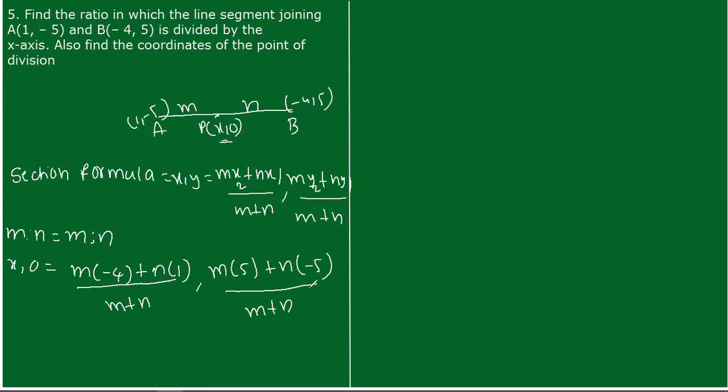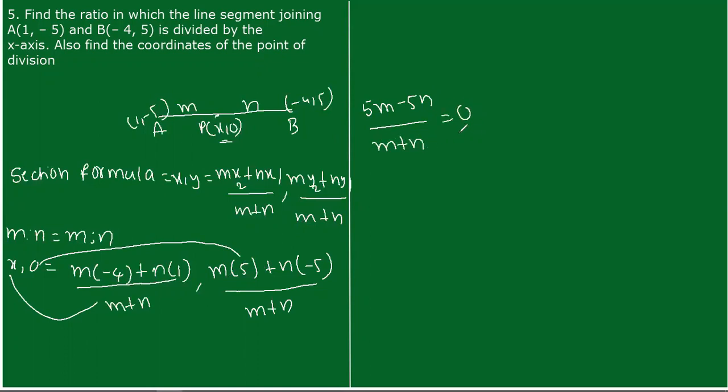See, as we did before also, this is the x coordinate, this is the y coordinate. Here we have to equate x to this one and 0 to this value. To make it easy, I'm just equating the second value to 0, so I can find the m is to n ratio very easily. So here I have (5m minus 5n) by (m plus n) equal to 0.